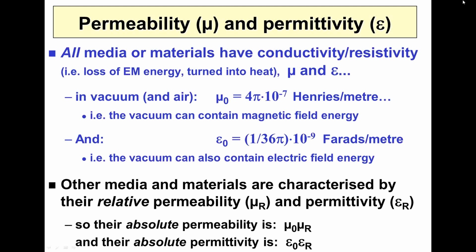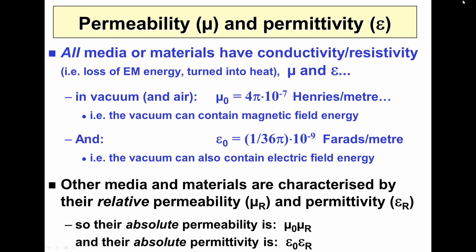When we look at other media, we might be interested in FR4 or PVC round a wire or steel in a housing. Then we characterize their relative permeability and relative permittivity, mu r and epsilon r, as just dimensionless numbers. Like steel may have a relative permeability of 400, not 400 anything, just 400, and FR4 has a relative permittivity of about 4.